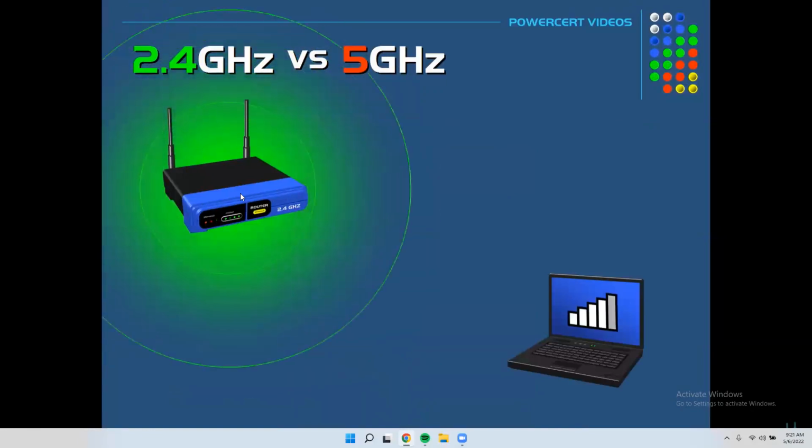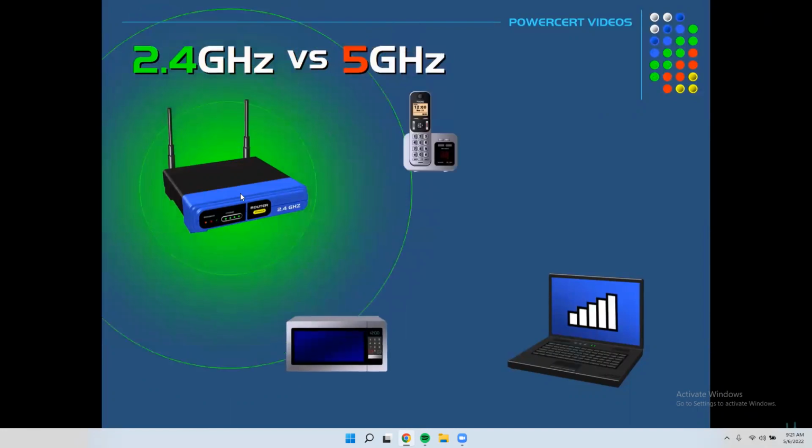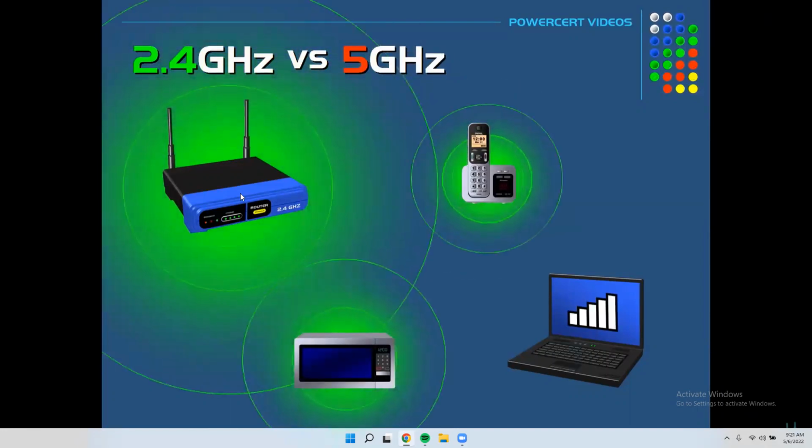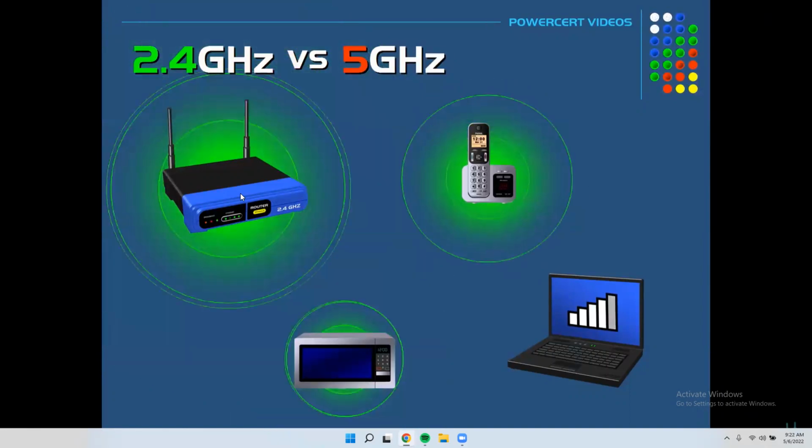Now, the 2.4 band works pretty well. It's the standard band. But the problem is that it's not just the standard band used in Wi-Fi routers. It's also the standard band used in a lot of other devices. Things like microwave ovens, cordless phones, Bluetooth devices, and wireless cameras all use the 2.4 GHz band.